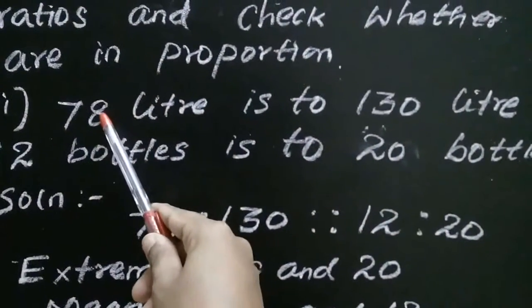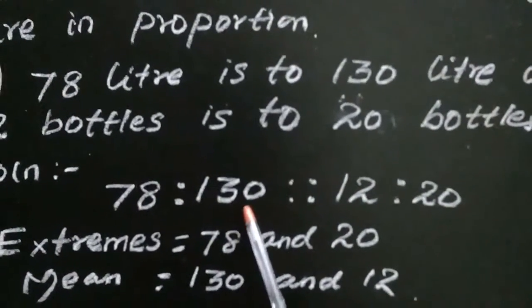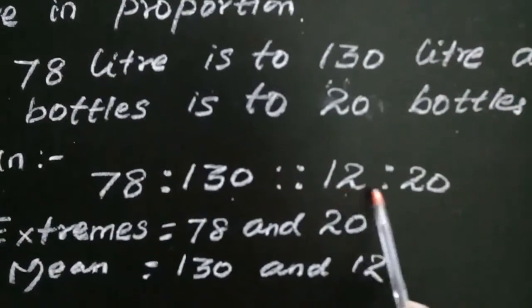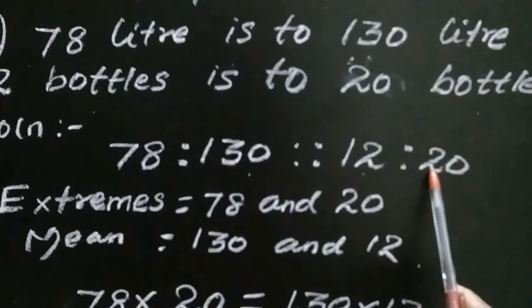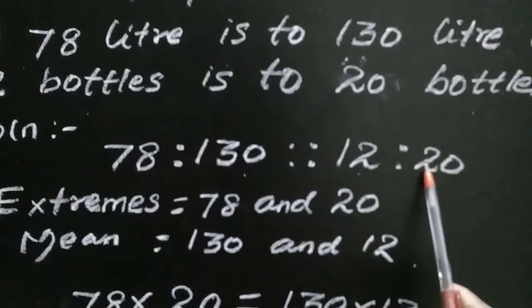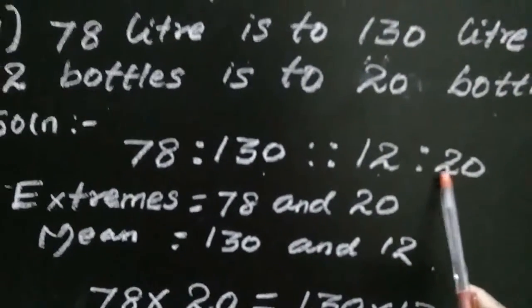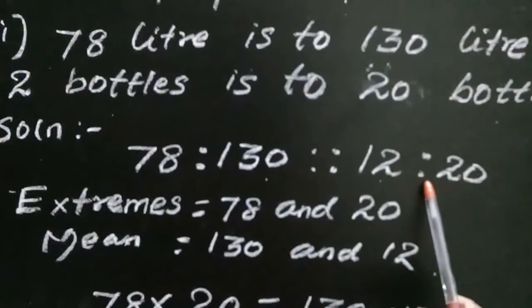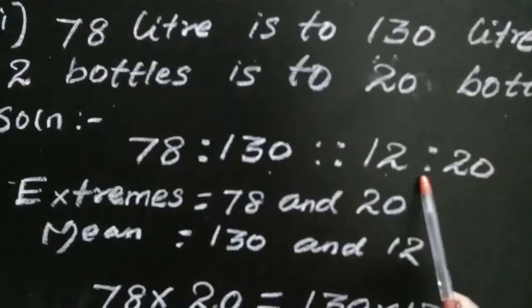First, what is given here? 78 is to 130 as 12 is to 20. Here two ratios are given. We have to write the mean and the extreme terms and also find out whether the two ratios are in proportion or not. That means whether the two ratios are equal or not.